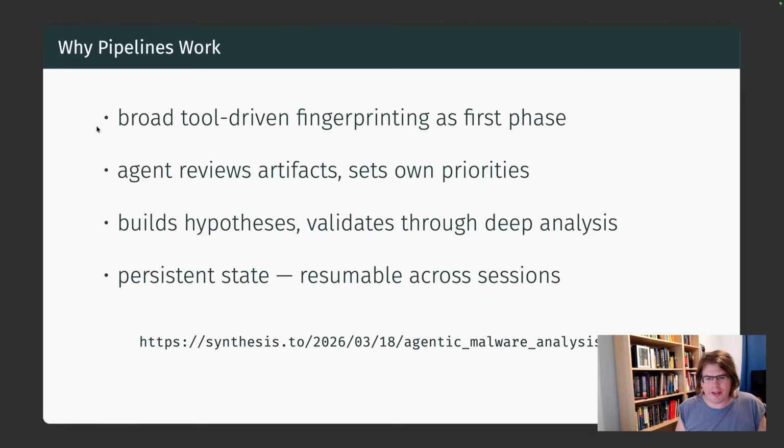For instance, if you see API imports that indicate keylogging, it might come up with a hypothesis of potential keylogging. And only after these hypotheses have been generated, it can start an MCP server like the Ghidra MCP or the Binary Ninja MCP, open that, explore on its own, and then validate the hypothesis and so on.